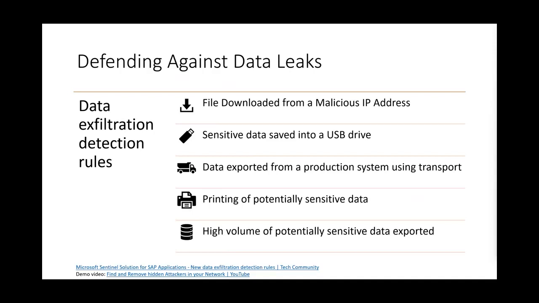So this rule triggers an incident when a transport is released from a production system. Fourth rule, self-explanatory, alerts when sensitive data is being printed. And the last one checks if a user has downloaded a significant amount of sensitive data. Out of the box, we have configured 8 megabytes as the threshold for high volume, but of course you can customize these rules as much as you want.